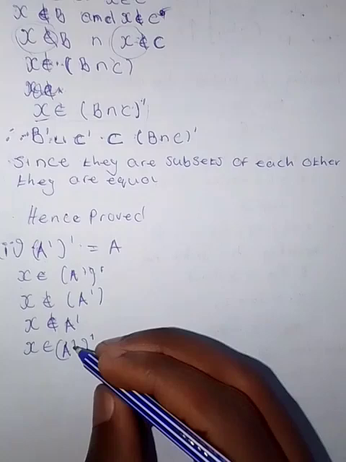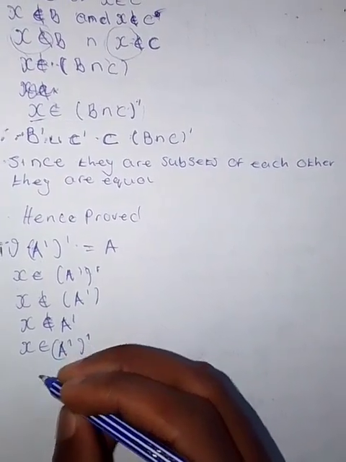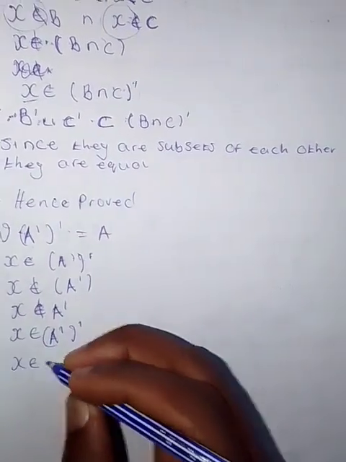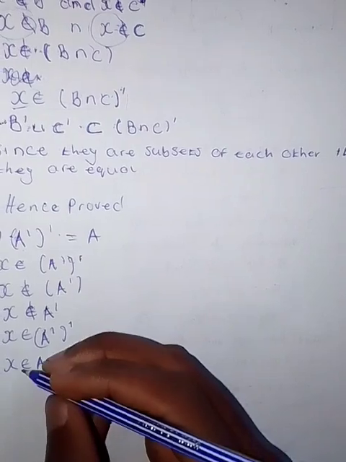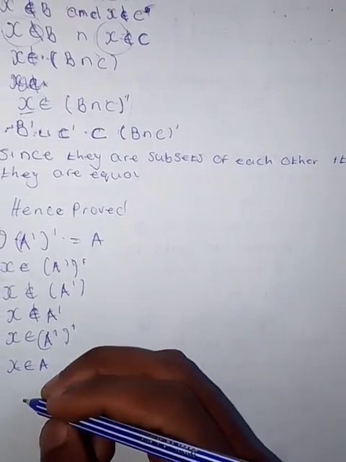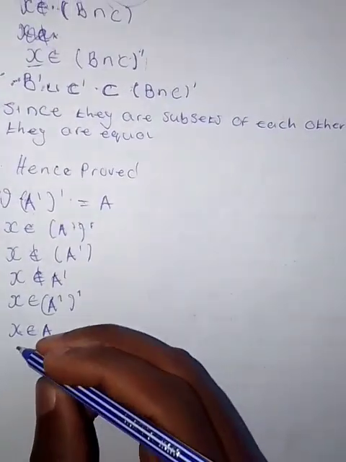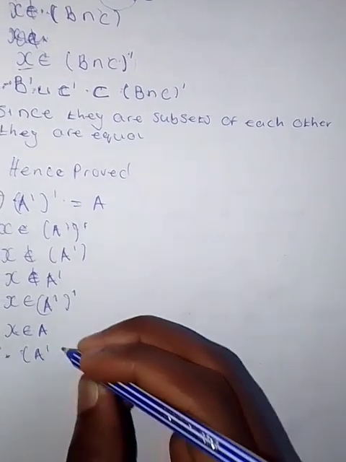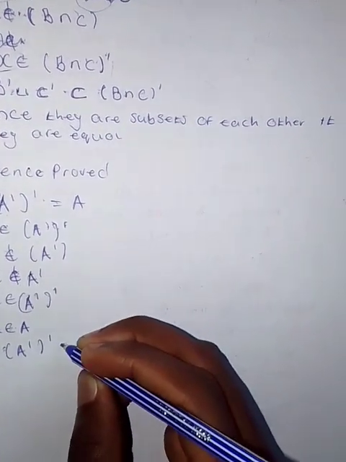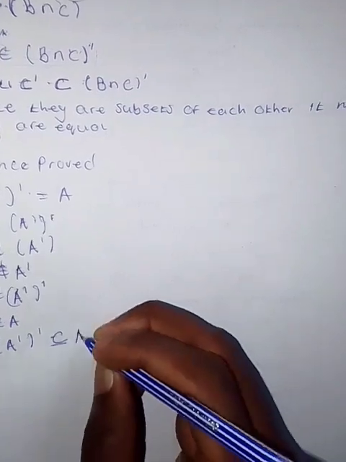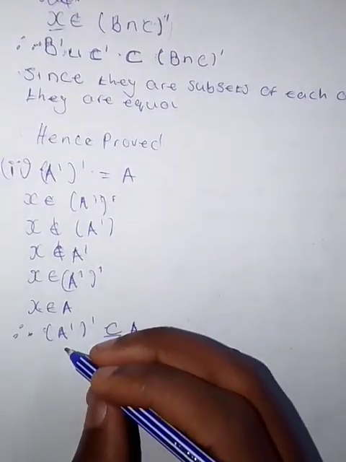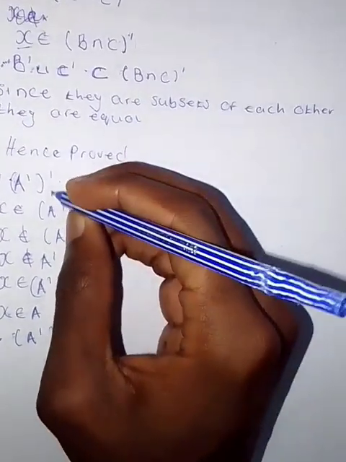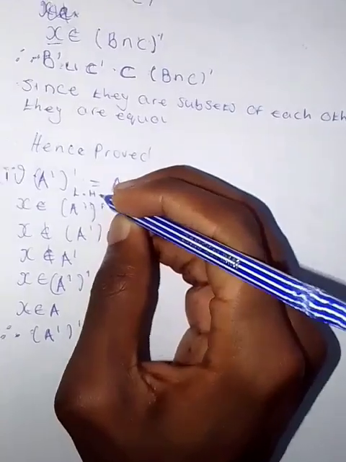So we're just going to remain with this A, meaning X being a member of A. So by doing this, you can say therefore A complement is a subset of A. Now this was the left hand side to the right hand side.